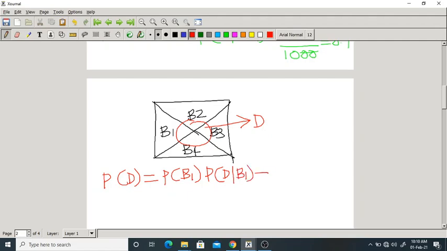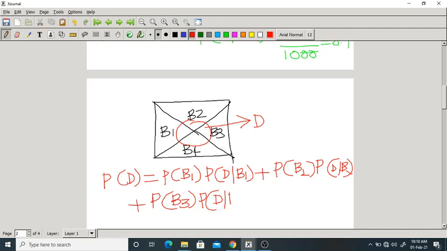There are 4 partitions, plus probability of B2 into probability of D given B2, plus probability of B3 into probability of D given B3, and so on, plus probability of B4 into probability of D given B4.